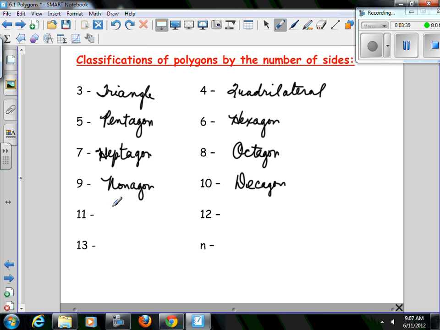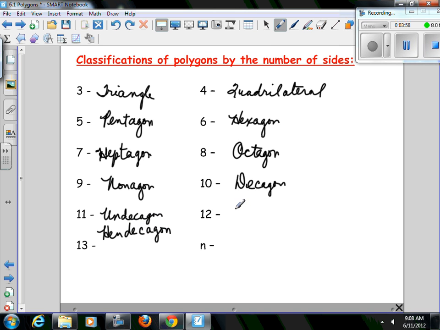A couple of different names that I have come across for an 11-sided figure. An undecagon. And I've also come across this name. It's spelled Hendecagon.